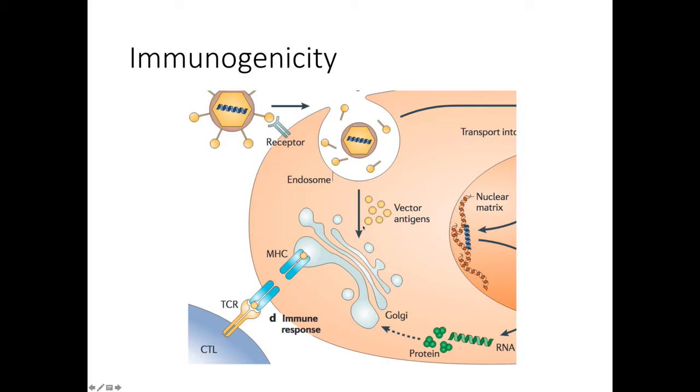Now, it's possible that those proteins might get presented on the surface of the cell and be recognized as an antigen, and this could elicit an immune response. And perhaps even the cell that has taken up this viral particle may be targeted for destruction.